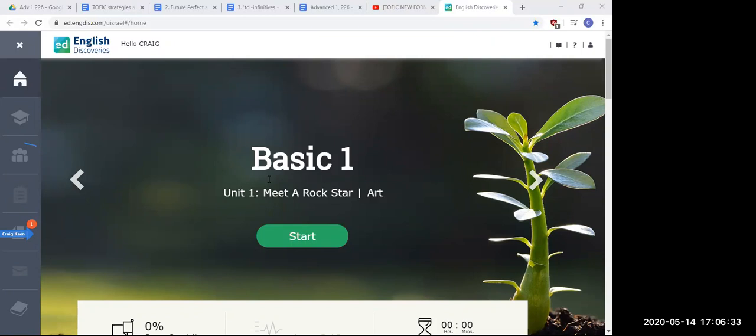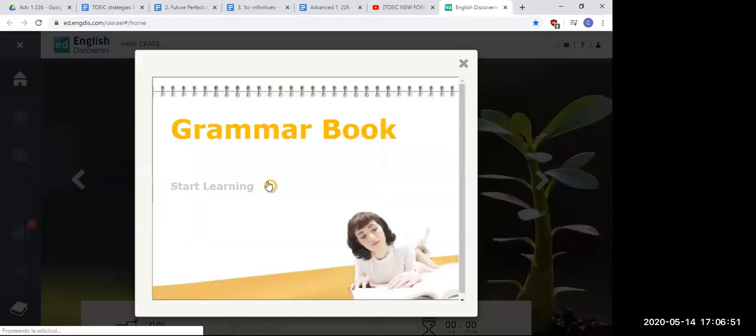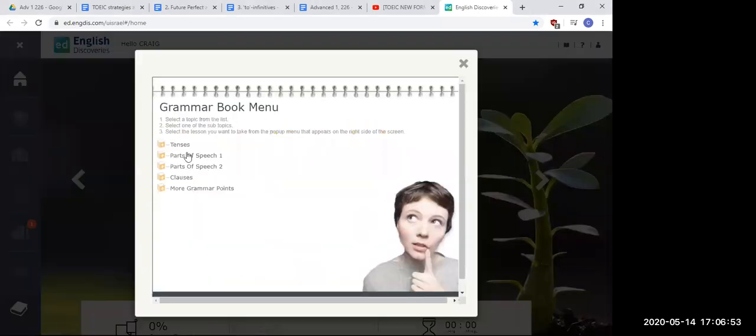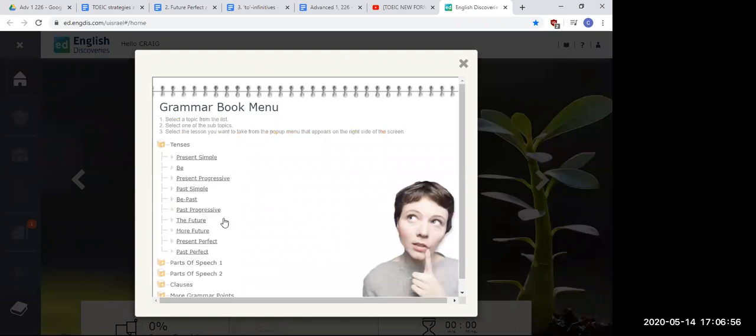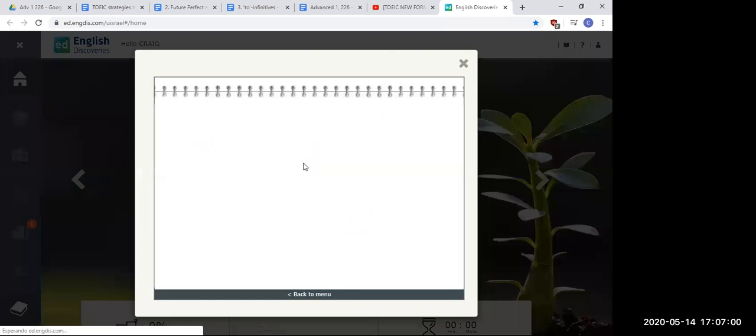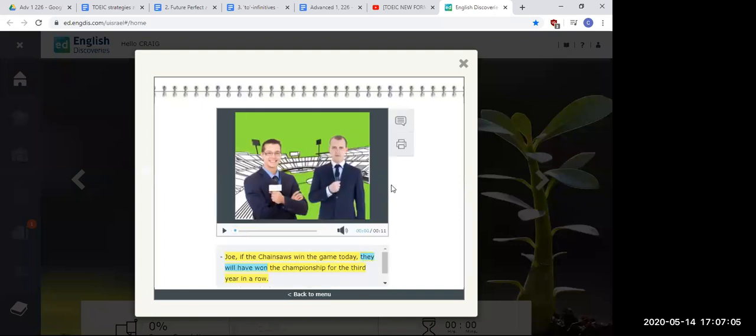I also mentioned this tab here, the grammar book, where we can find any grammar that we are not sure of. So if we're looking at the future, we can look at the future perfect, which is what we're going to do today. So this is our unit 2.